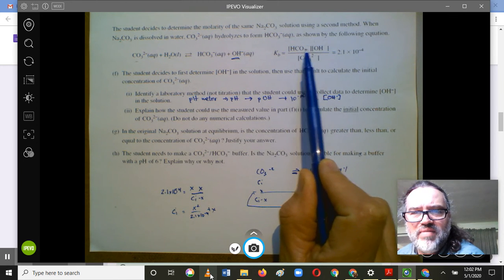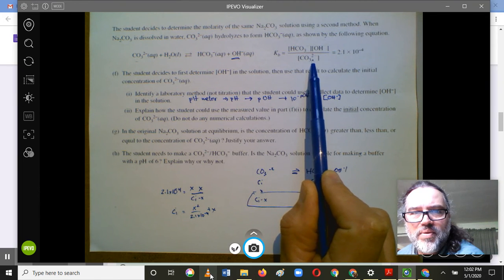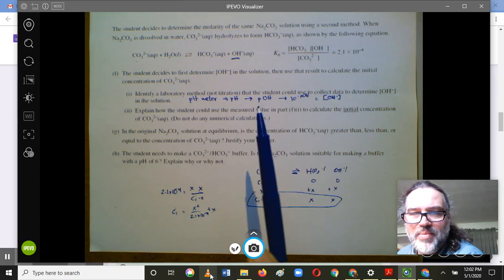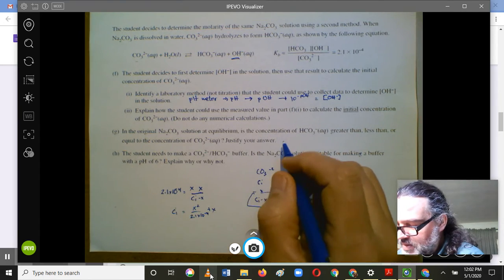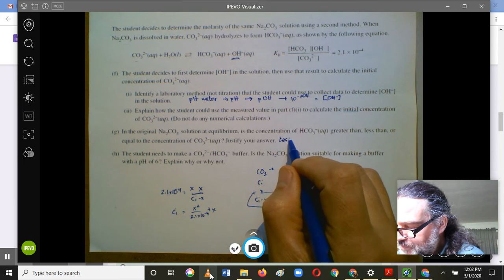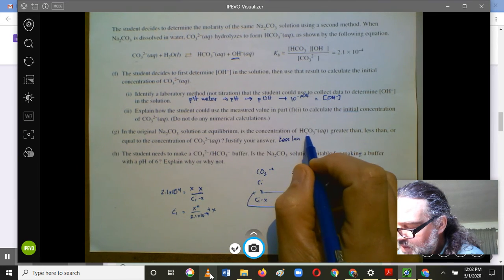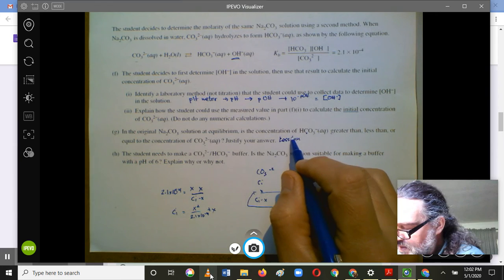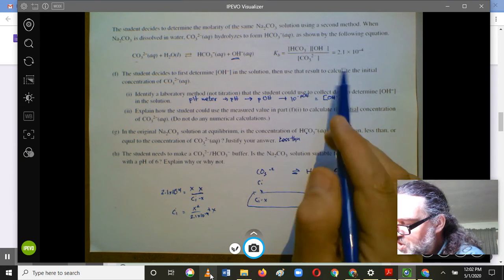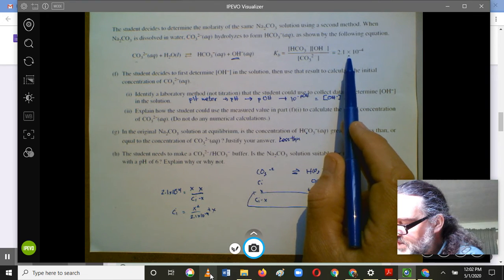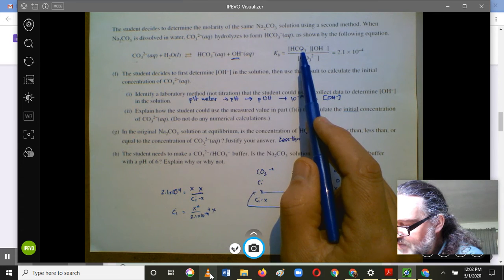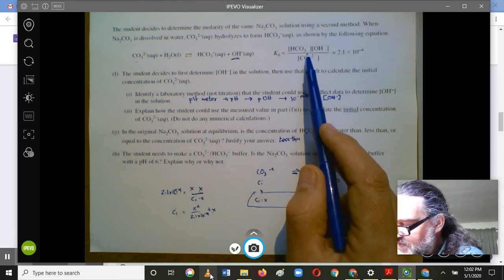That means you have fewer products and more reactants. So I would say it's going to be less than. This will be less than this. And in justification, I would use this expression and just say that because Kb is about 10 to the negative fourth, the value for this would have to be less than the value for that.